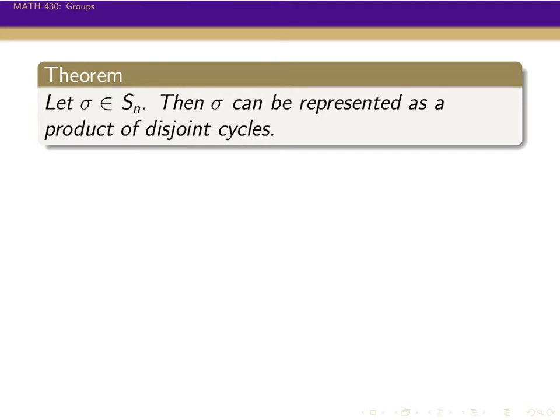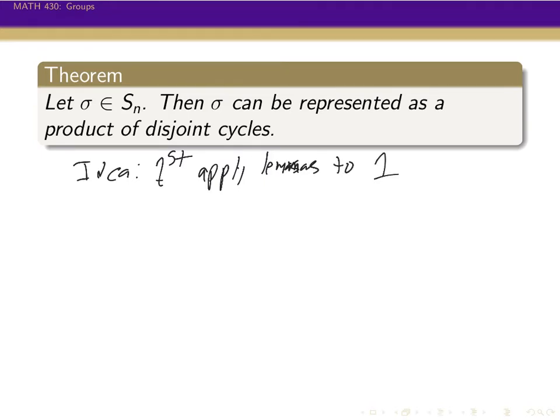Okay, now let's go back and prove the theorem. We have the same idea, same notation as before. Now we want to show that we can represent sigma as a product of disjoint cycles. The idea here is, first, we apply the lemma to, say, 1.